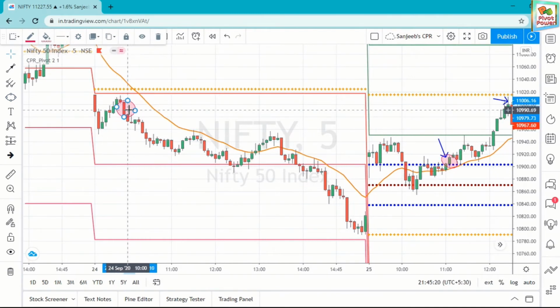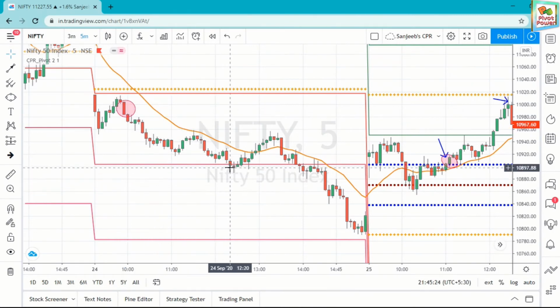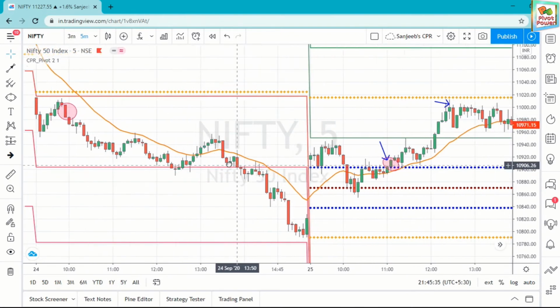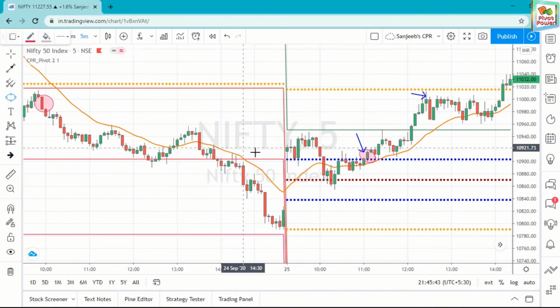Then the target should be the next resistance level. This is the resistance level R2. After crossing the R2 pivot, another entry should be here.